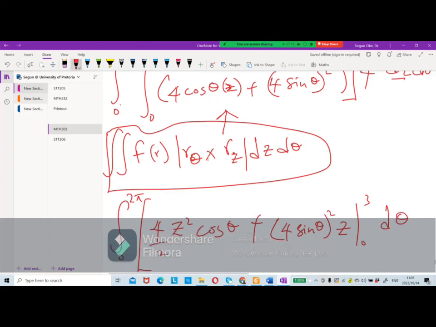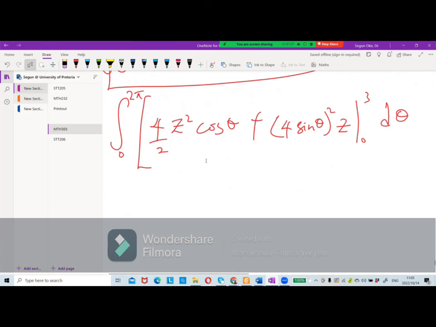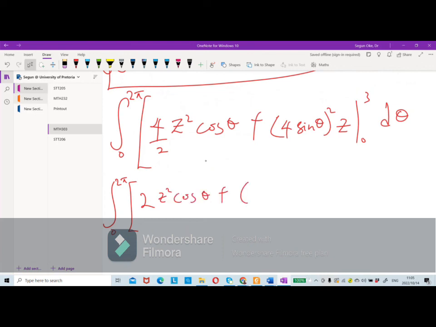Meaning upper limit minus lower limit. So for this one, you keep 0 to 2 pi, and I want to substitute this one. This is 2, right? z squared cos theta plus 4 sine theta squared z.